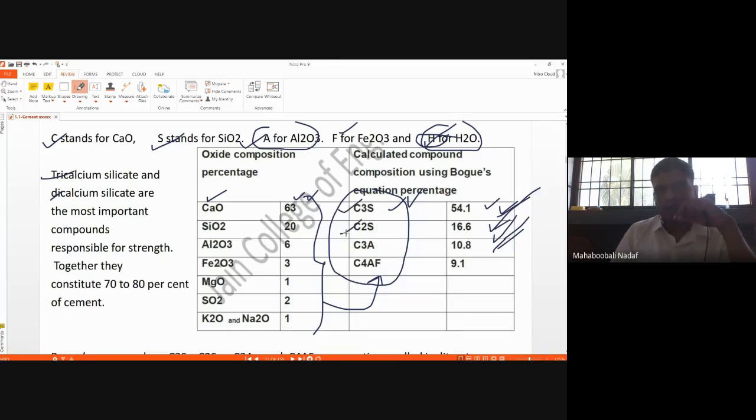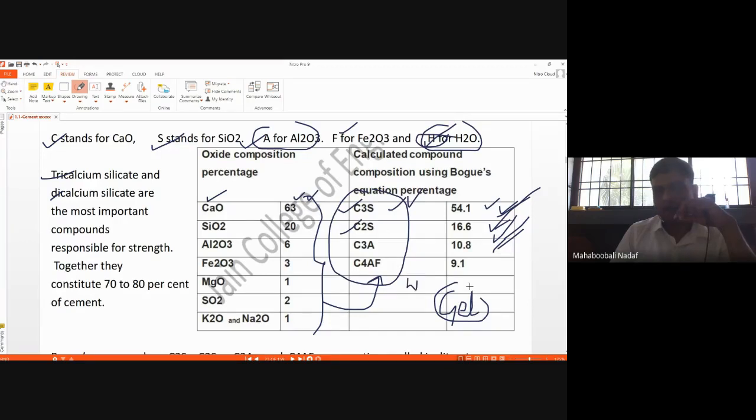Why? When you add water to the cement, for getting the strength, these two chemical compounds react with water and form the gel. A sticky paste kind of thing will be there, no? That is called gel, formed by the compounds interacting with water.